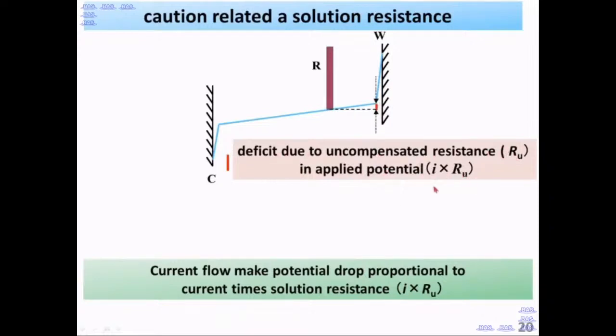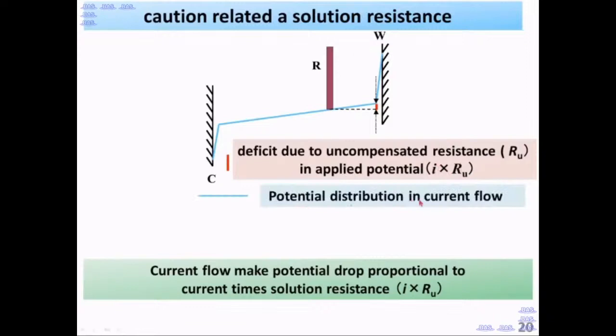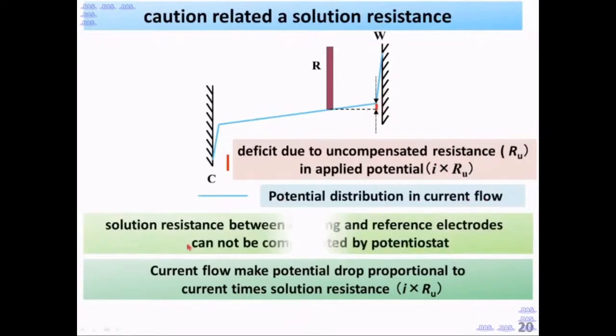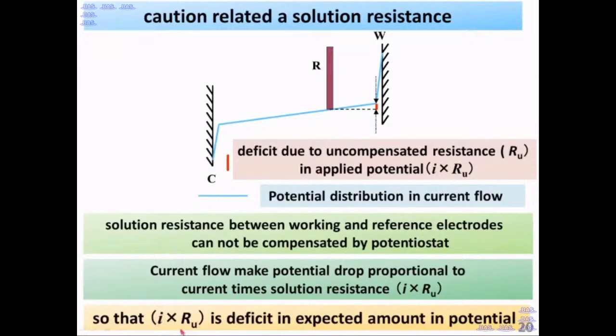We cannot exactly recognize the potential distribution when current flows. The solution resistance between the working and reference electrode cannot be compensated by the potentiostat. This is a weak point the potentiostat has, so this potential difference is a deficit in the expected potential.